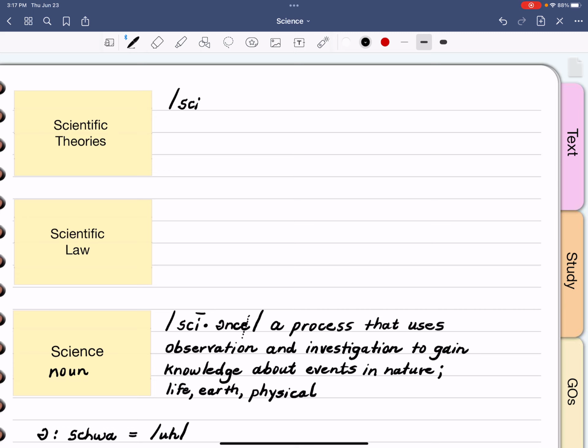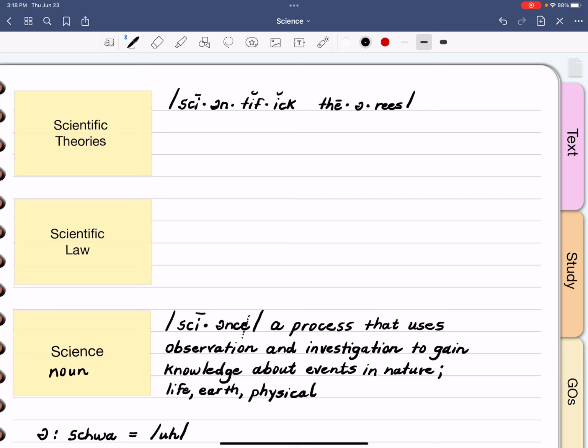Sci, tif, we've already done this one somewhere, ick, scientific, theory, theories, scientific theories.